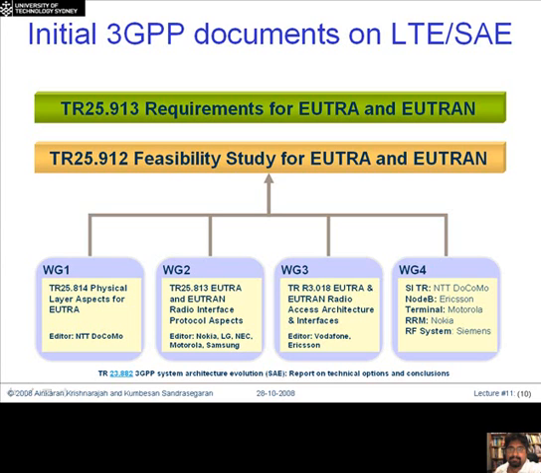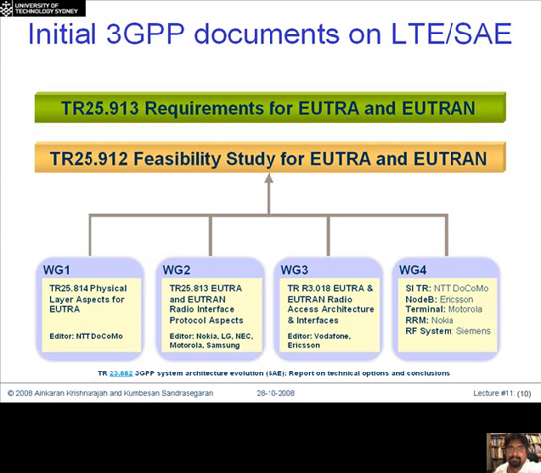These working groups did feasibility studies on various aspects of LTE, and they came up with a report, and this report was then used to come up with requirements. Now the requirements documents are pretty complex.